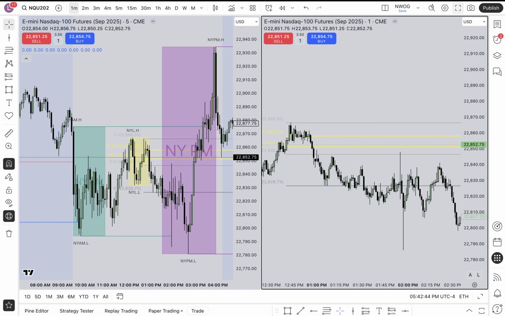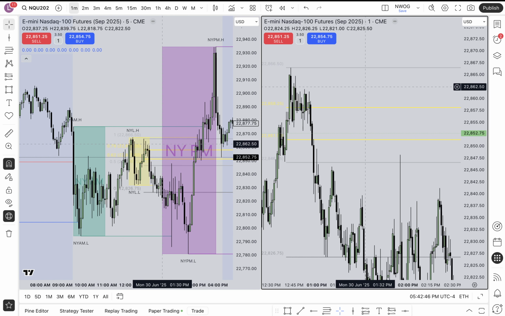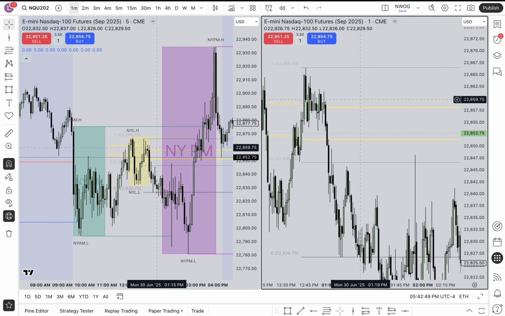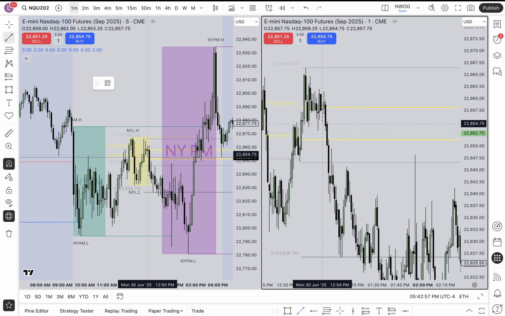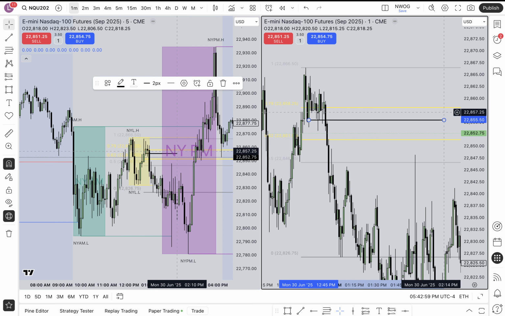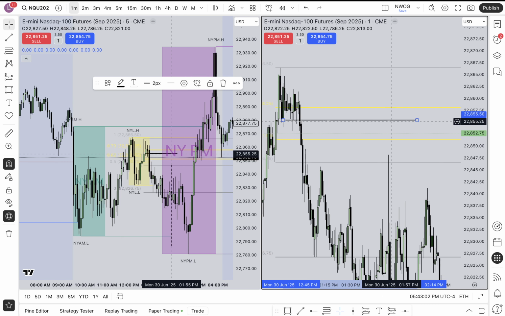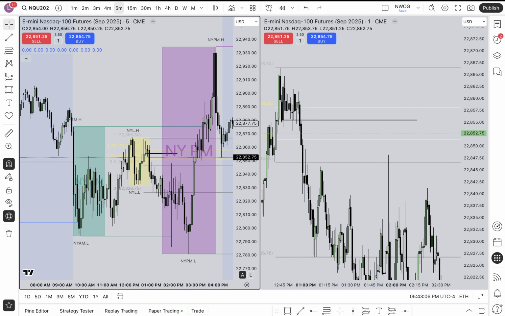And we do have, I would have looked at this propulsion block, right? That gets taken out. Unfortunately, it doesn't go back and tap it.